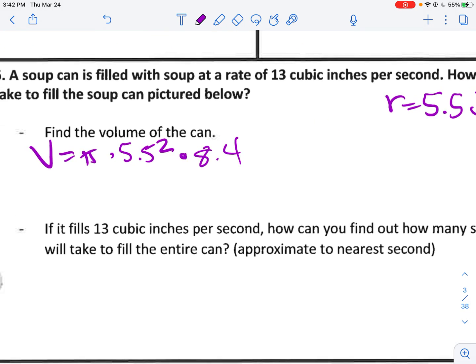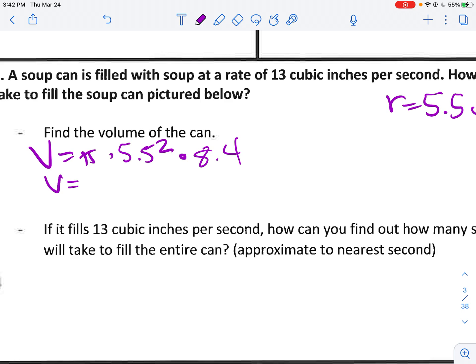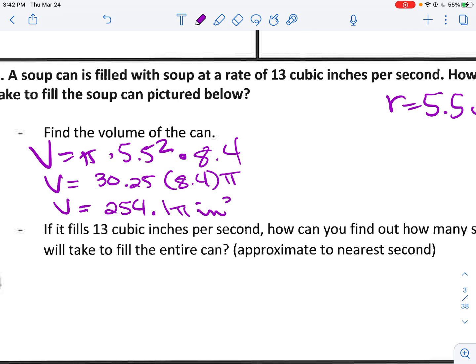And I'm going to just do this a little bit just so that it's easier to see. So 5.5 squared is going to be 30.25 times 8.4 pi. And that will get us 254.1 pi inches cubed.